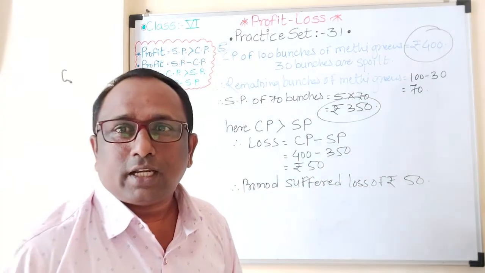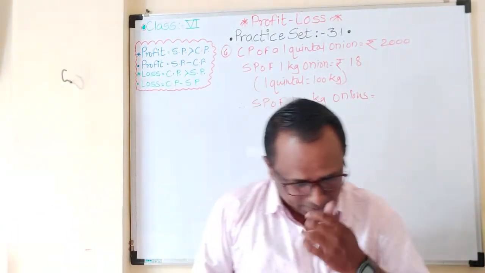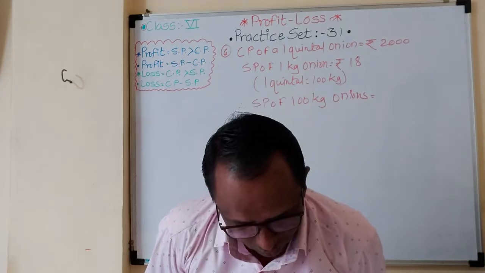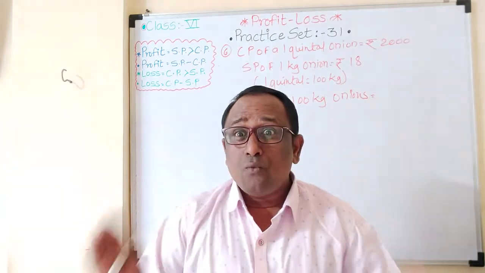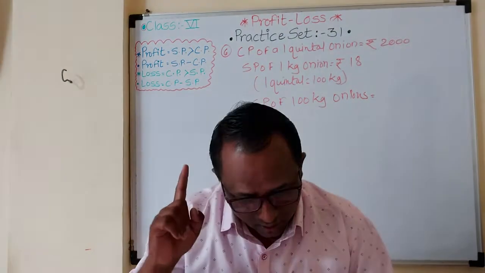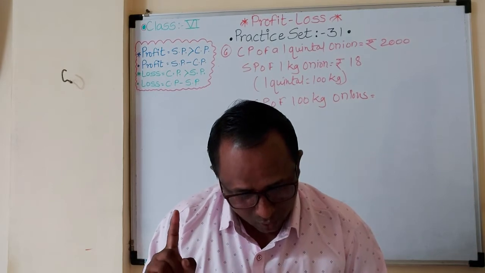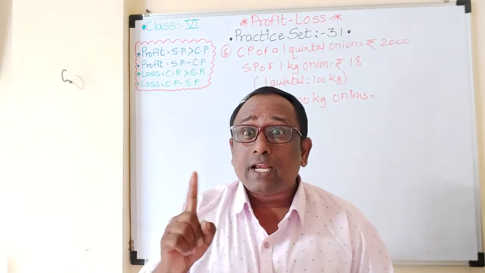Now we will see the next example. Now in the sixth example, student Sharad bought 1 quintal of onions for rupees 2000. 1 quintal onion. Okay. Later he sold them all at the rate of rupees 18 per kilogram.